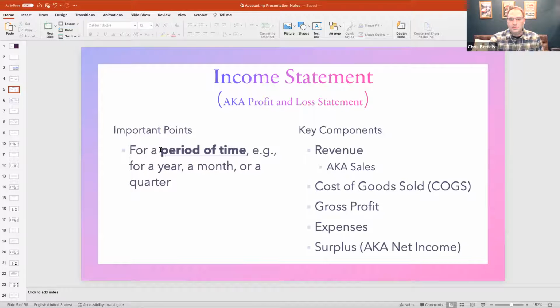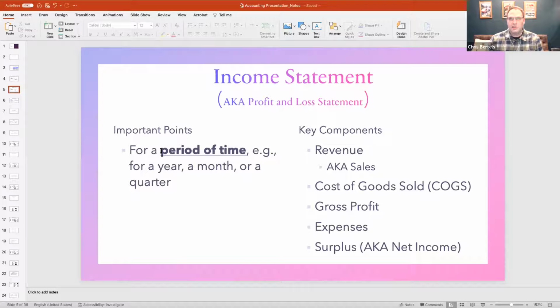And the important point here is that an income statement is for a period of time. The most common would be for a month or a year. Okay, so in contrast to the balance sheet, which is as of a specific day, the income statement is a period of time.